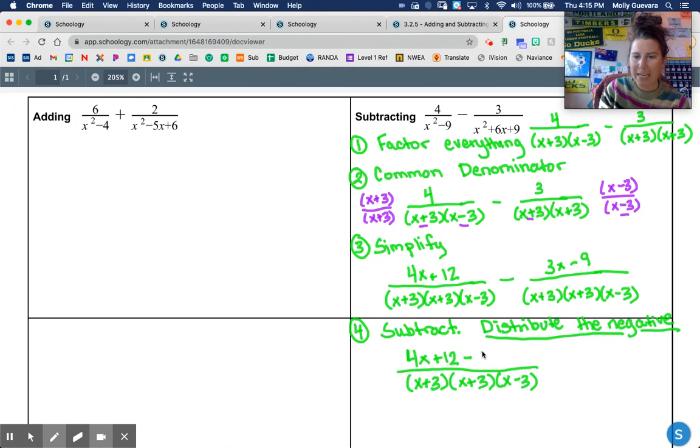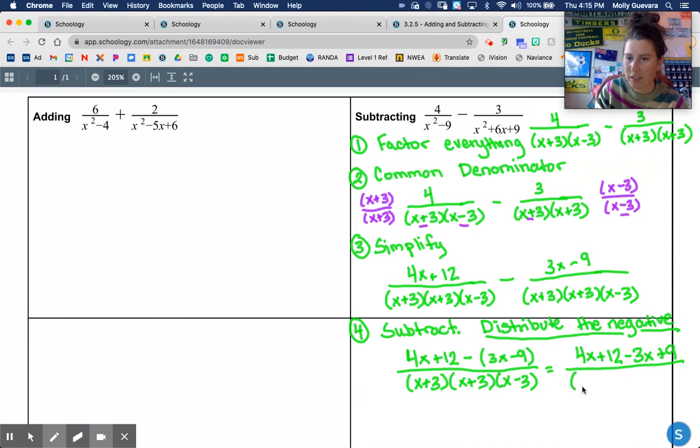Now when I minus, I have to put that second term in parentheses. 3x minus 9. I have to put it in parentheses because I'm going to end up distributing, right? So it becomes 4x plus 12 minus 3x plus 9.